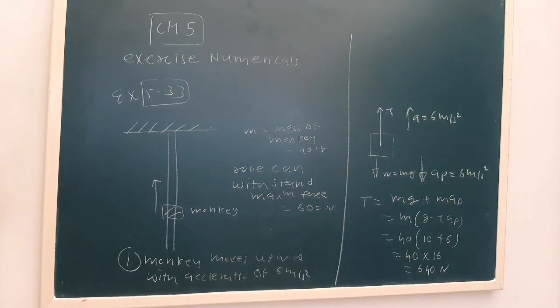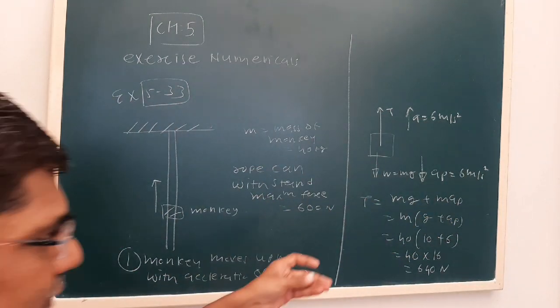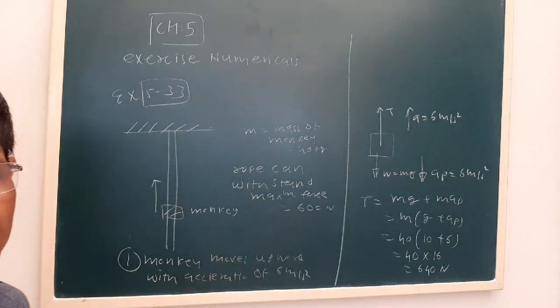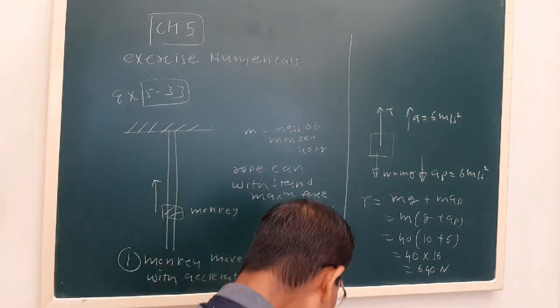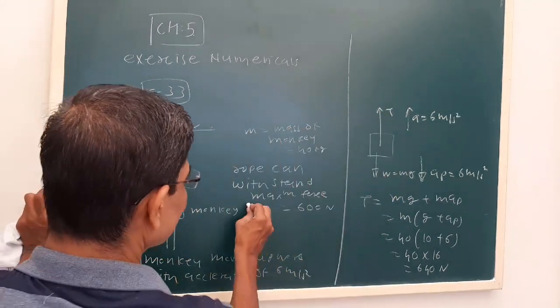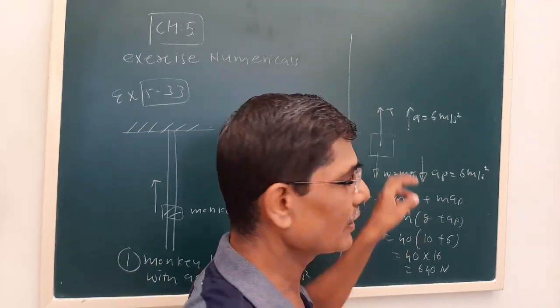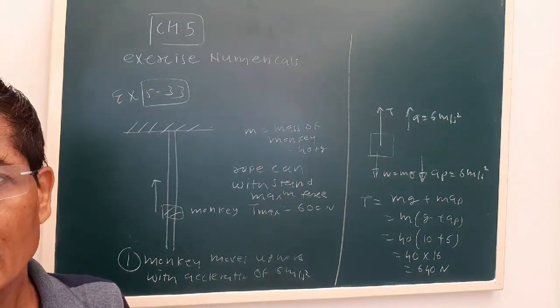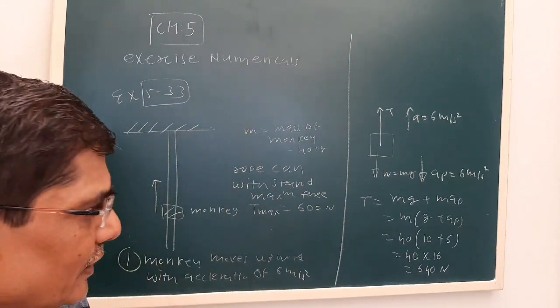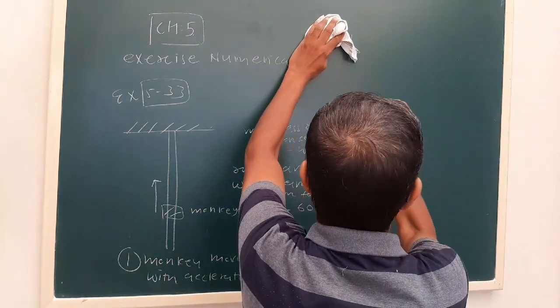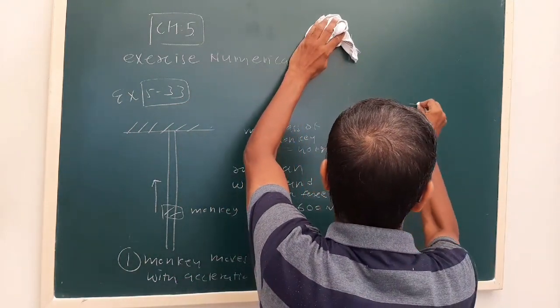So in that case the tension in the rope is more than the maximum permissible tension. Here we can take this as T max. So when the monkey moves with the upward acceleration of 6 meter per second square, the tension in the rope is more than T max.